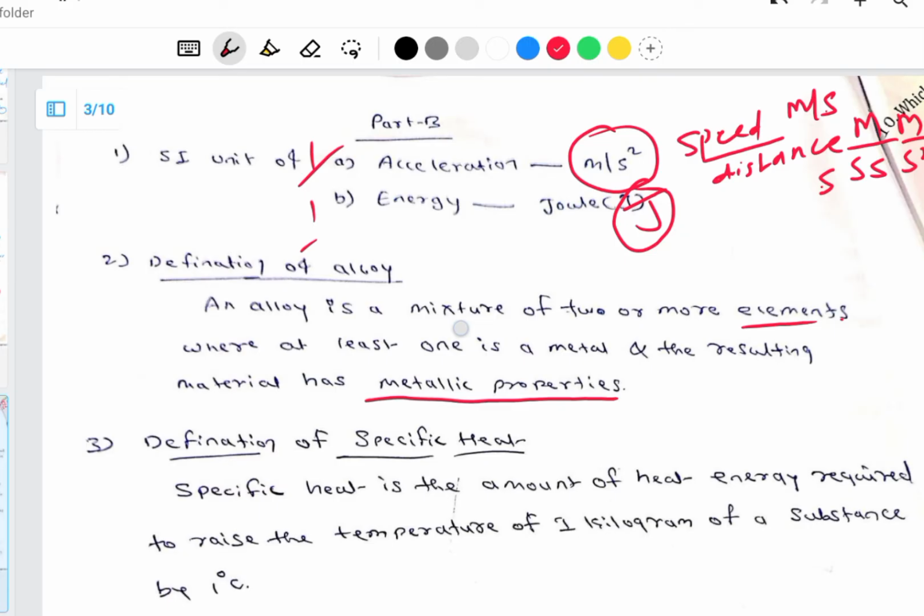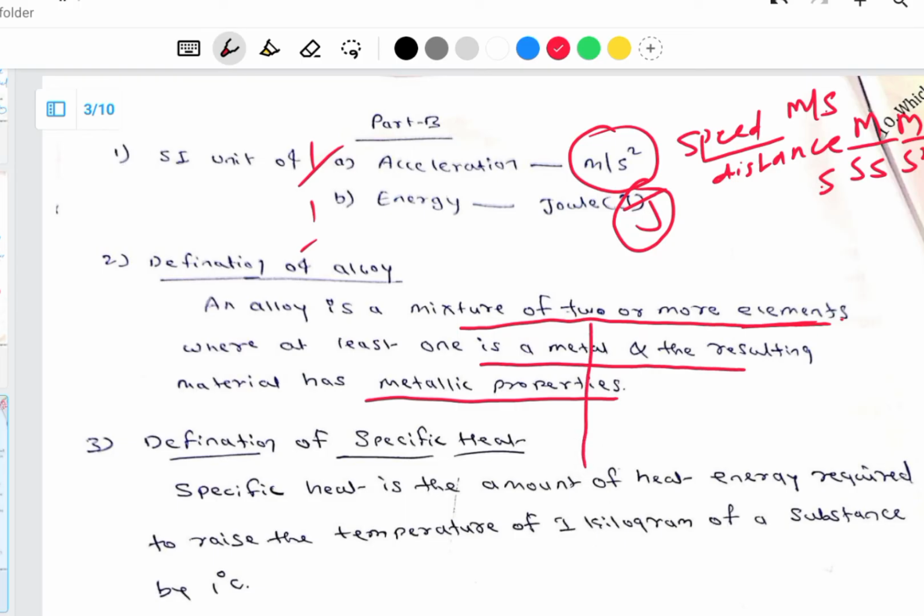That material is called an alloy. So this is a simple definition you can write. The important words are mixture of two or more elements where at least one is metal, or else you can write mixture of two or more metals where a new metal will form, that is called an alloy.